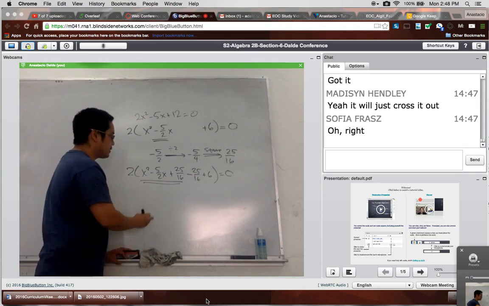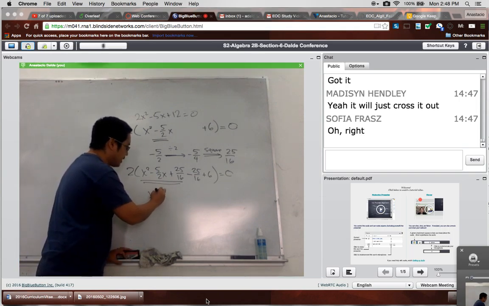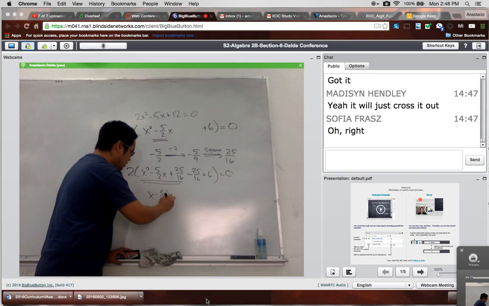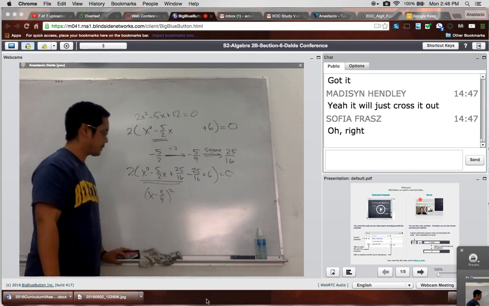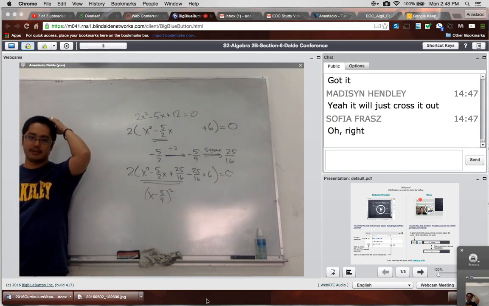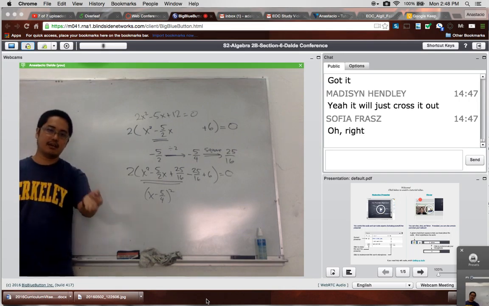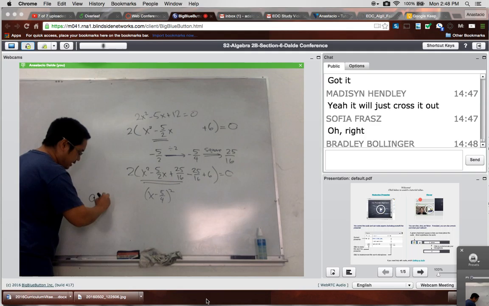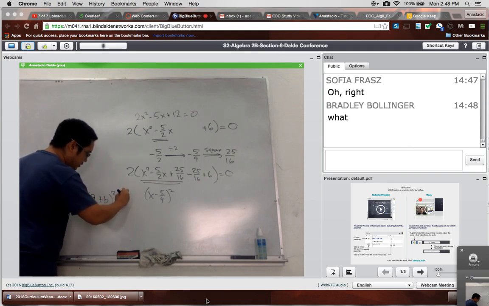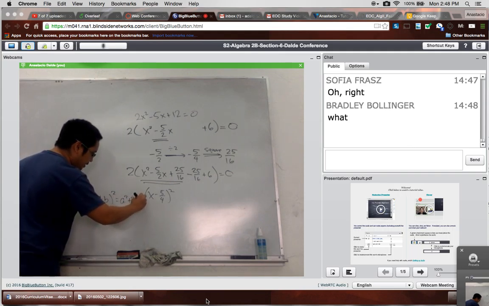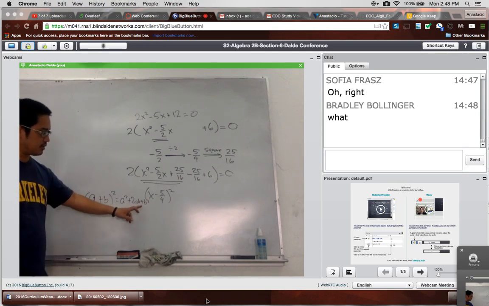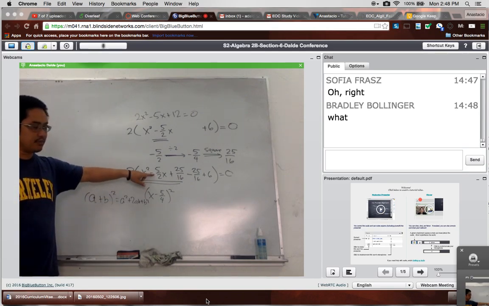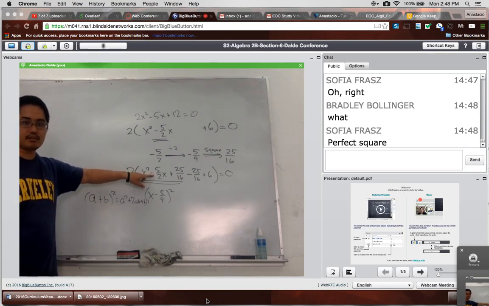This thing becomes x minus 5/4 squared. And that comes back to that formula I had you memorize. A plus b squared is equal to a squared plus 2ab plus b squared. Look, this right here is double that number right there.